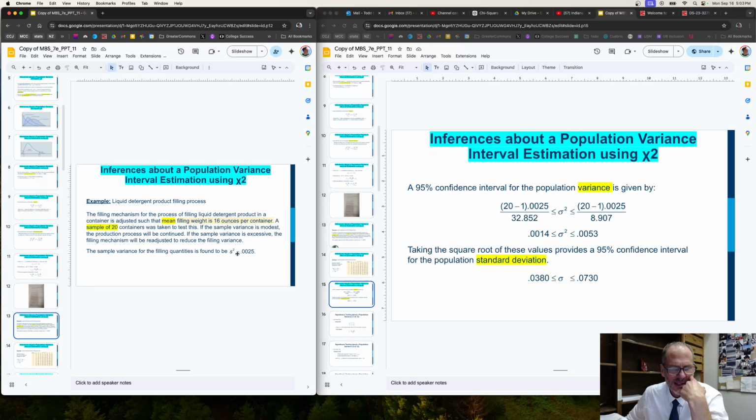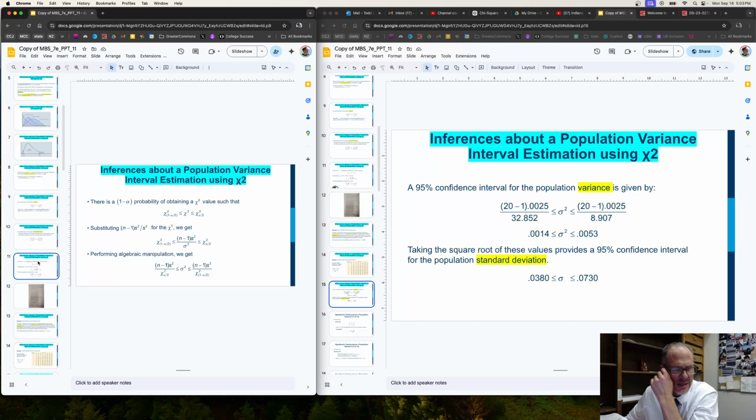You can apply this to the problems, and it's pretty cut and paste. You just take this formula whenever you want to do an interval estimation on population variance using sample variance. You plug in the numbers and you get the result.